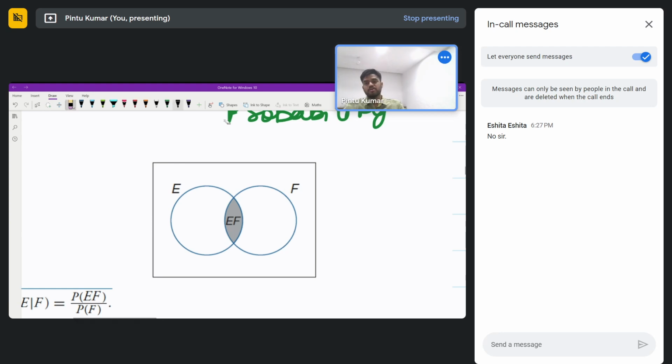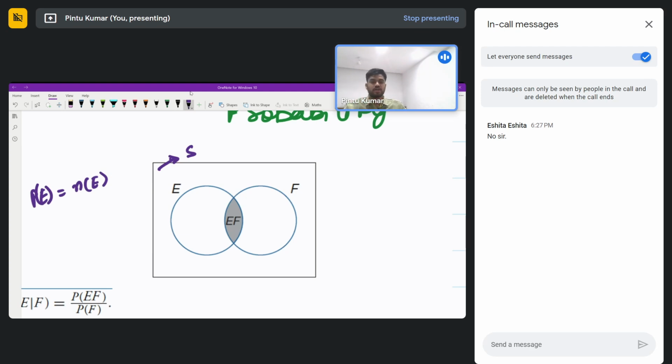Yes, right. So if you look at this as your Venn diagram, then what is the probability of E? The probability of E is the number of elements in E. Let's say this is discrete.